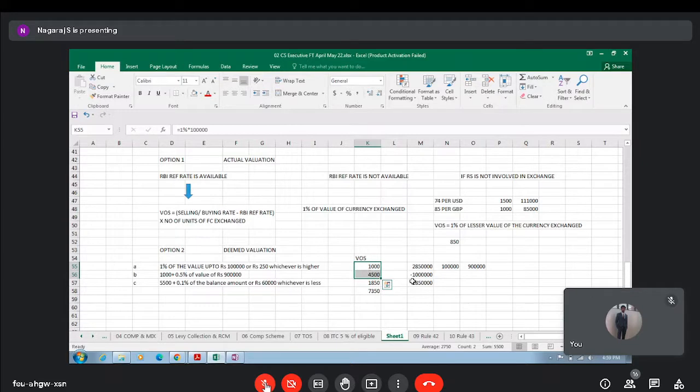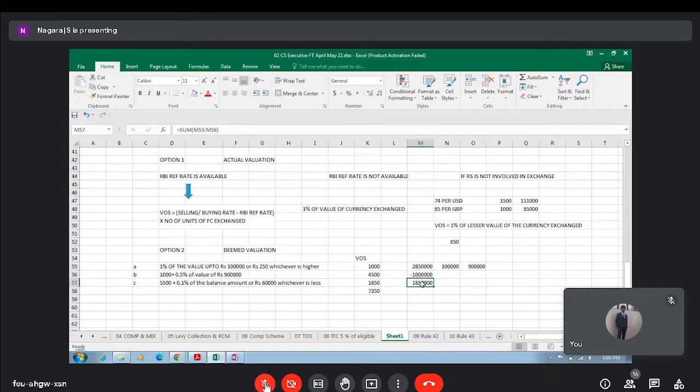Okay. The balance is how much? Total you are exchanging is 28,50,000. Out of this, 10 lakhs, first 1 lakh and next 9 lakhs, total 10 lakhs I am deducting. Balance is 18,50,000.